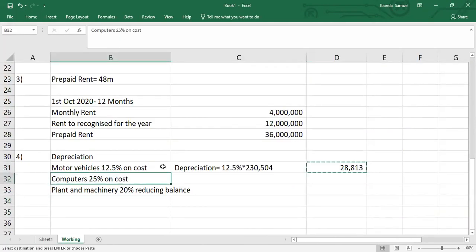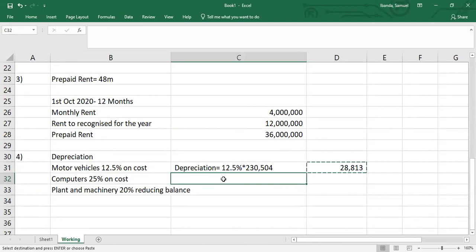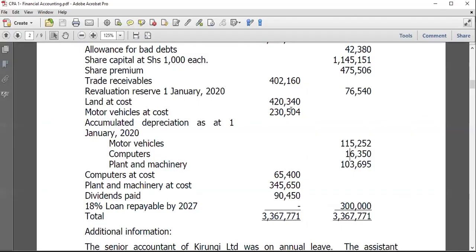Then I'll now move to computers. Depreciation will equal, now computers, it is 25% times the cost. So I'll just go and look for the cost for computers, which is basically, let me see, computers at cost is 65,400.